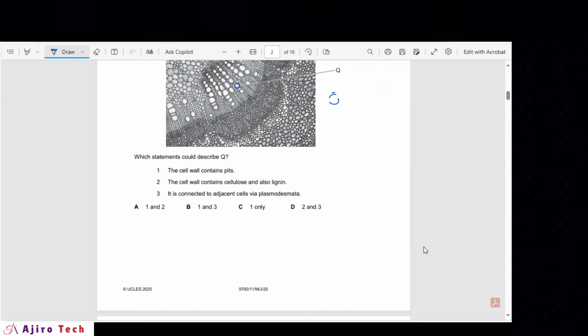When it became mature, the part of the plasmodesmata that was not lignified becomes pits. So the cell wall contains pectin. That's correct. Cell wall contains cellulose and also lignin. That's correct too. But it's connected to adjacent cell via plasmodesmata. That's not correct. So the answer to this question is 1 and 2.